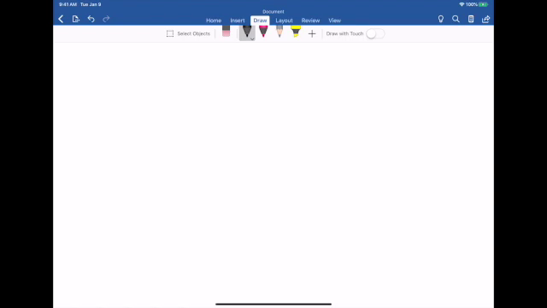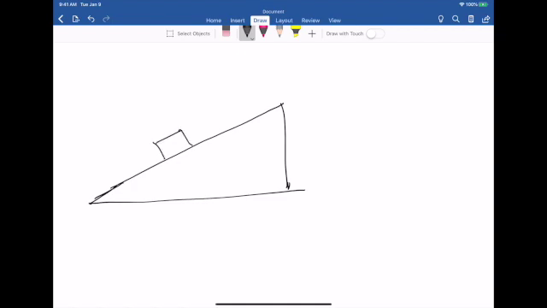So suppose you have a system where maybe you have an inclined plane like this, and you have a box which is being pushed up by you. So you're exerting a force up on the box, right? And there's a bunch of other forces acting on the box as well.